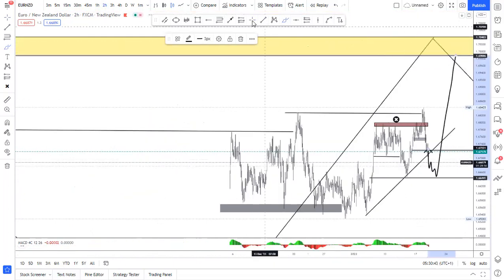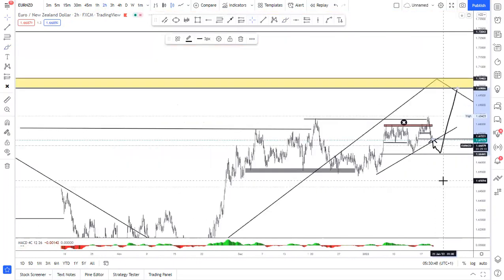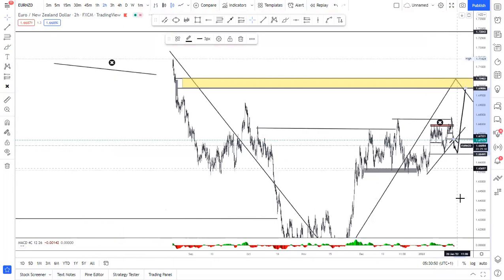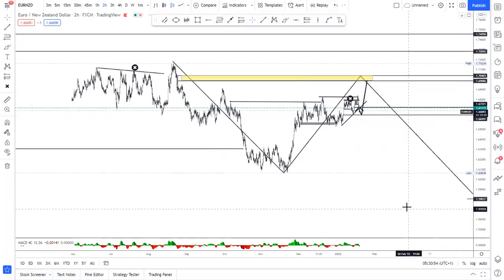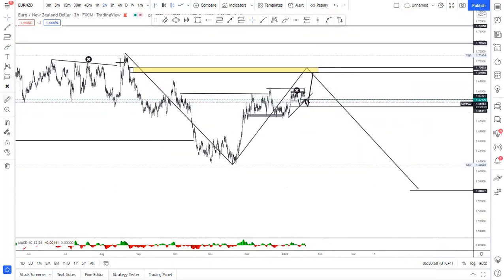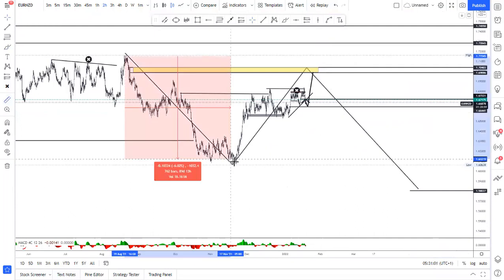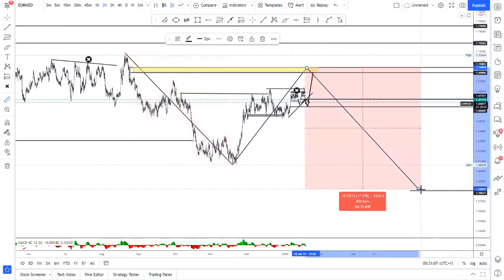Remember, this is EURNZD, where we caught 1,000 pips, and we are still anticipating potential. We are still anticipating another plus 1,000 pips on this pair.